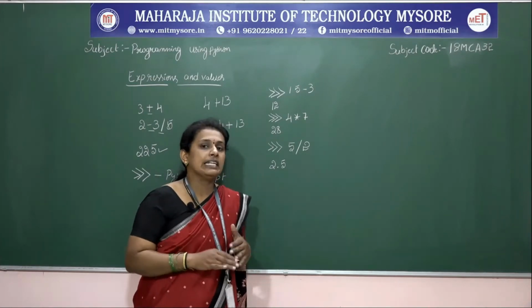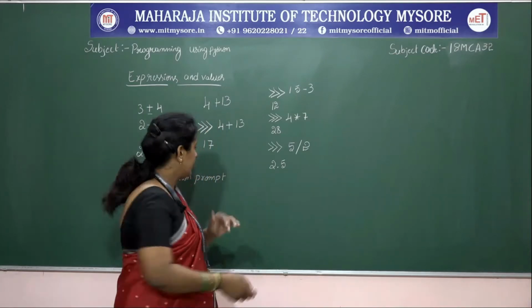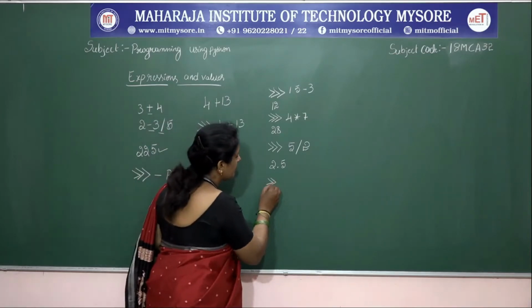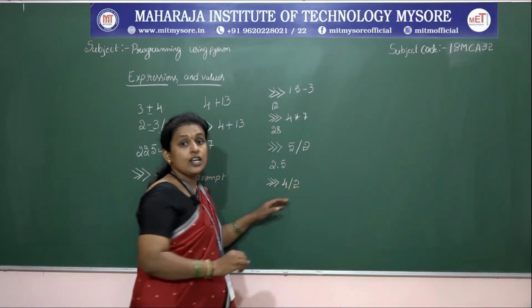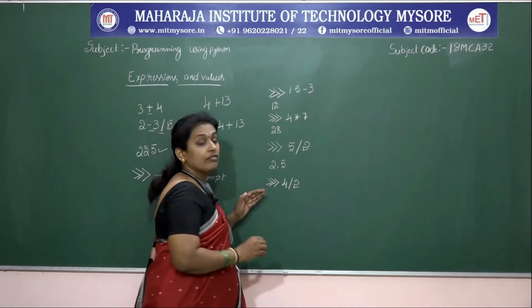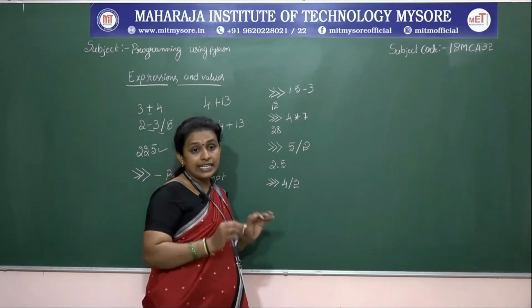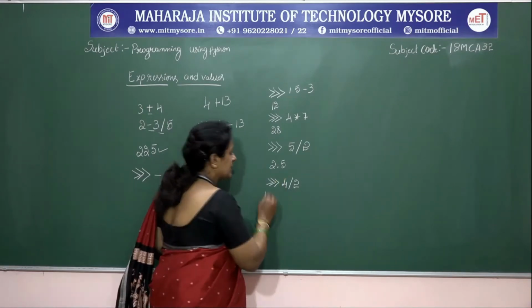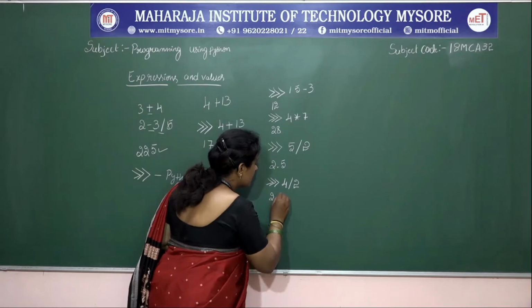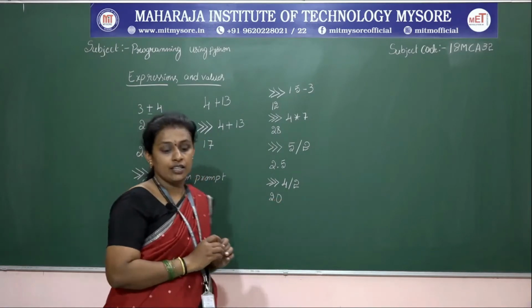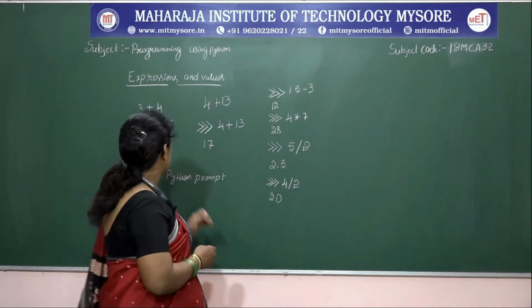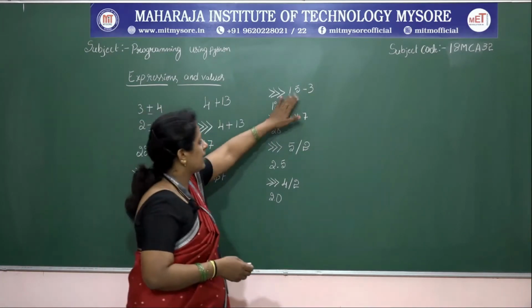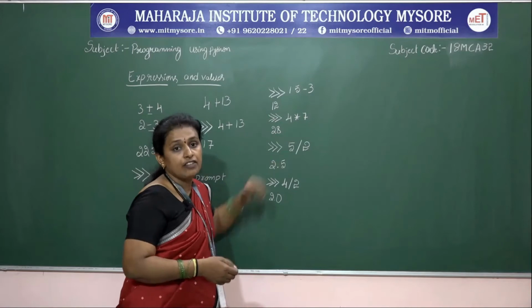For example, 4 divided by 2. It is a whole number, but with division you get a decimal point answer, 2.0.